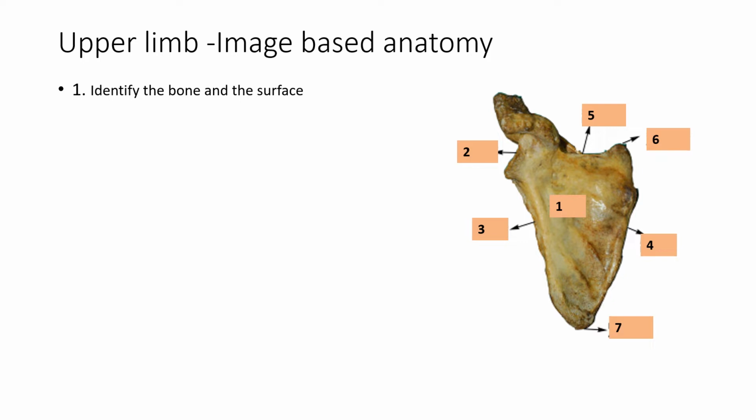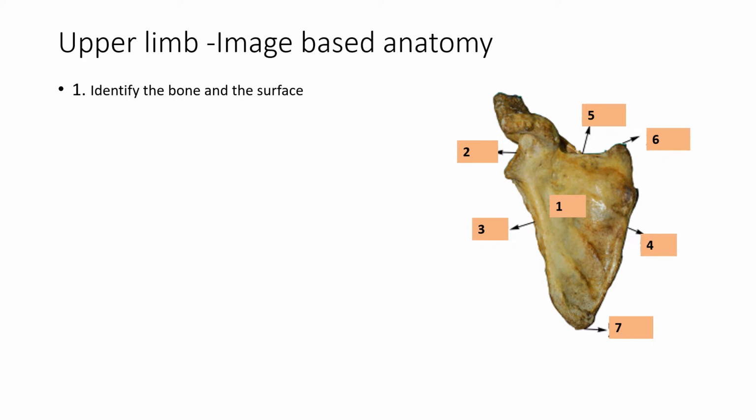The dorsal surface you can remember by looking at the spine of the scapula and its continuation, the acromion. So which you are not seeing on the surface. That means it is the costal surface. And then it has got the sharp medial border and superior border and thickened lateral border.